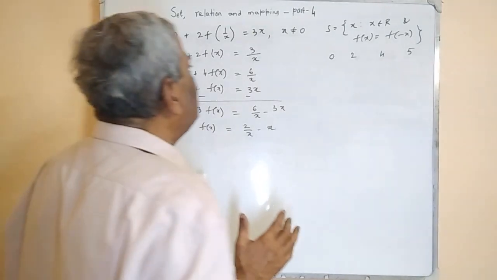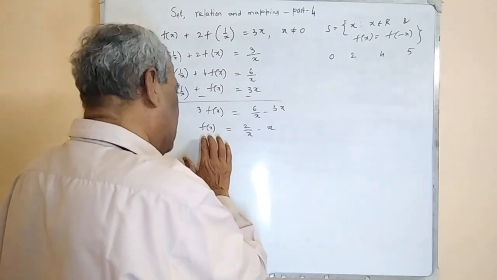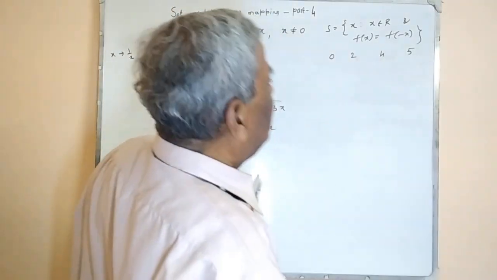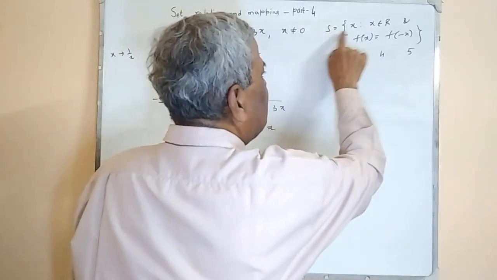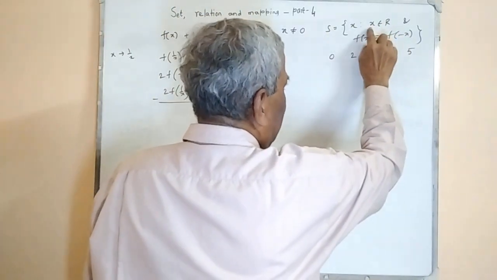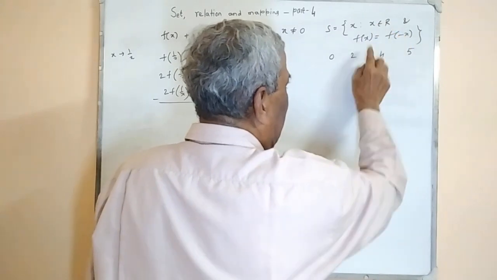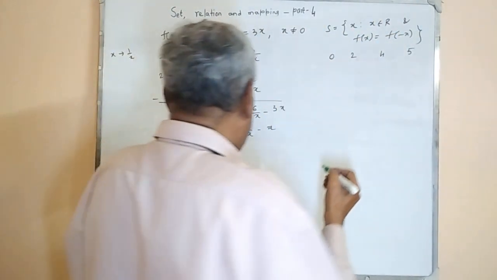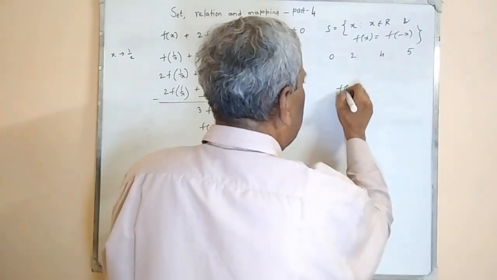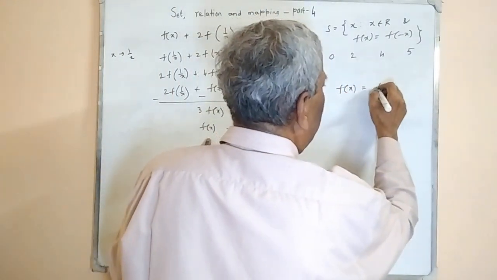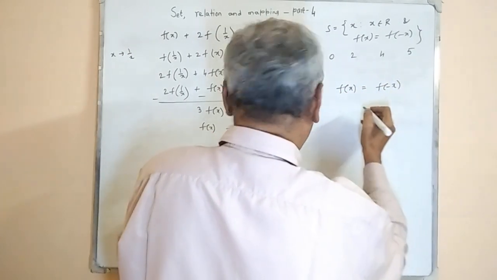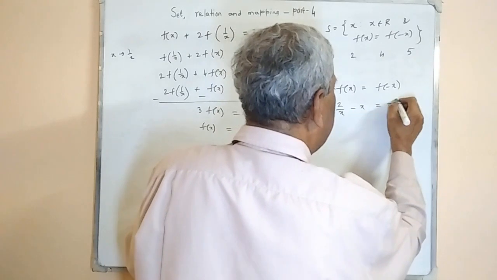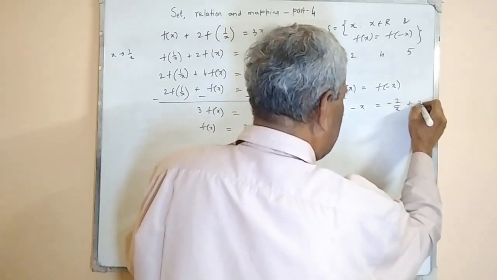So functional value is known to be f(x) is equal to this. And moreover, it is given that S is a set such that x is real and f(x) is equal to f(-x). f(x) is equal to f(-x) gives 2 by x minus x is equal to minus 2 by x plus x.